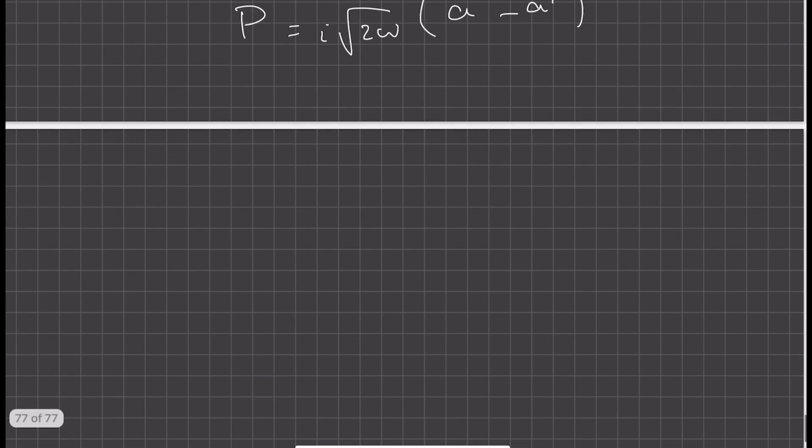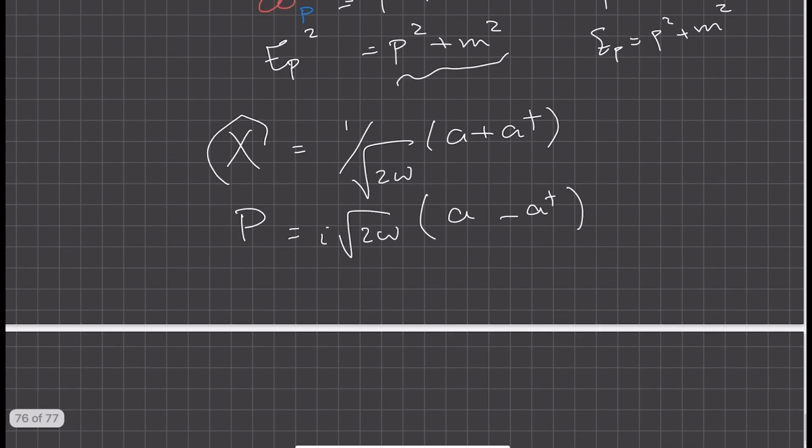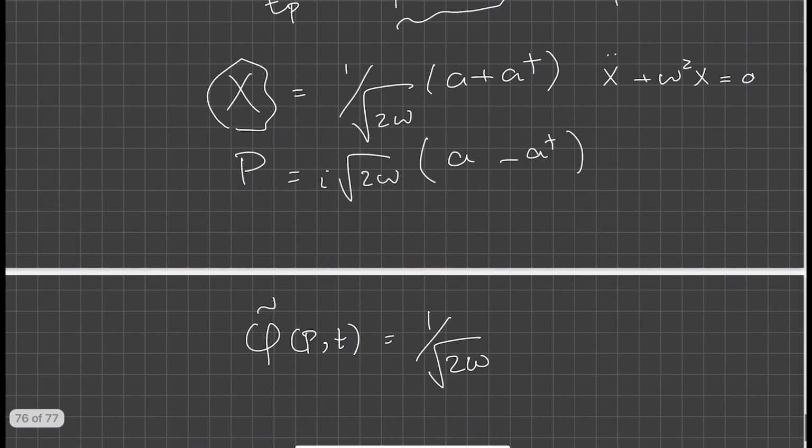So we can write down x and p. x was the one satisfying the simple harmonic oscillator. We had x double dot plus omega squared x is equal to 0. Now we have this phi tilde of p and t, which can be written as 1 over 2 omega here. So there was no characteristic index, x didn't have any functionality. It wasn't a function of anything.